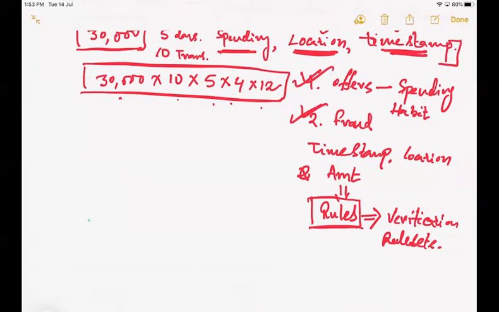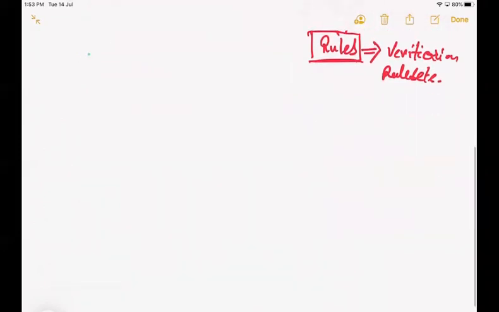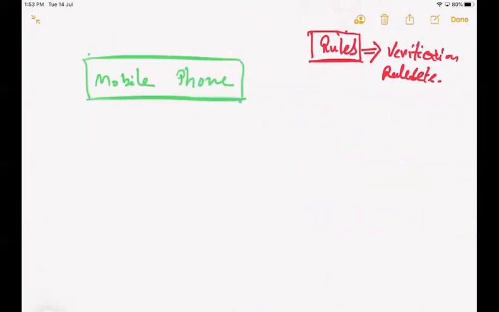Now, going to the second example here. The second example, we are assuming is for a mobile phone company. And let us see what all transaction data we can collect. Now, I always have the first component, my identification number. I can also have the customer details.